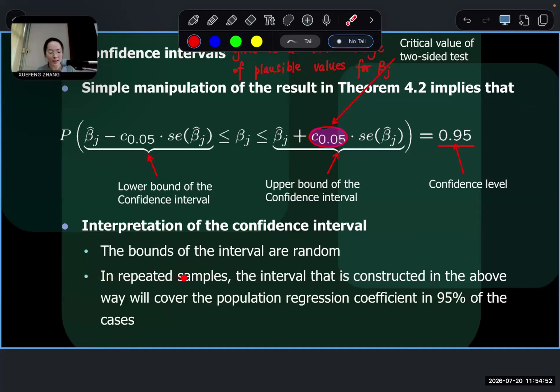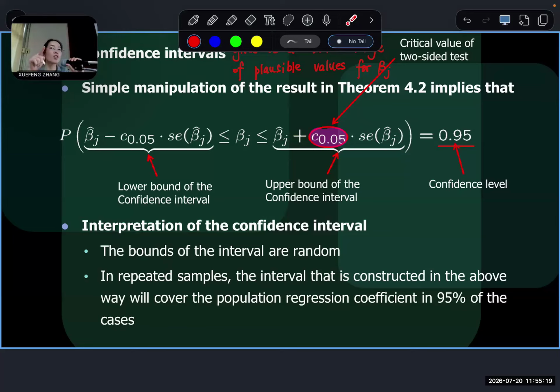This is the interpretation. In repeated samples, the interval that is constructed in the above way will cover the population regression coefficient in 95% of the cases. As I told you before, suppose we have one project and each of you has a different sample, right?